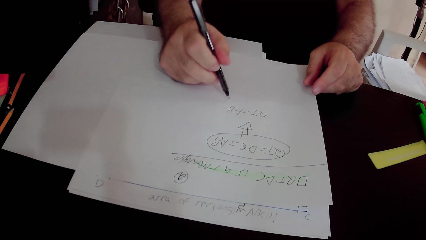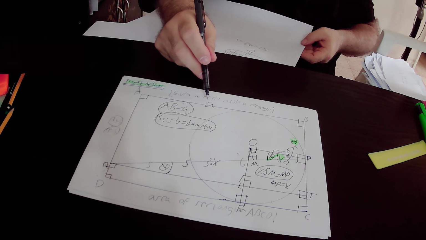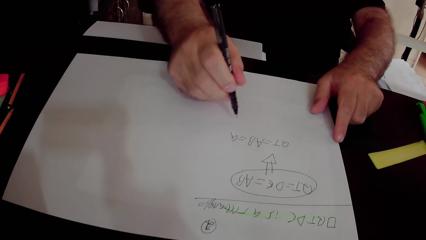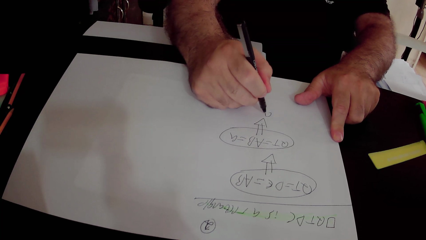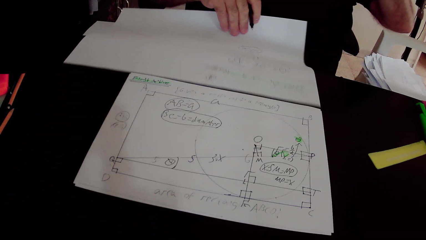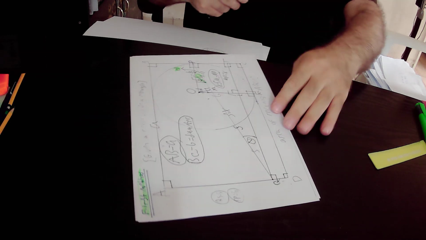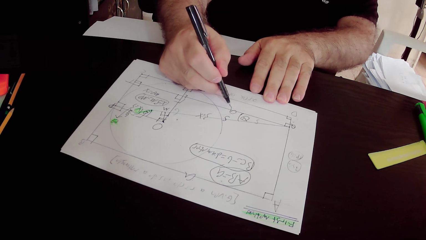But according to our definition, AB equals A. And from this equation, QT equals AB equals A, we derive that QT also equals A. So we found out that QT equals A.